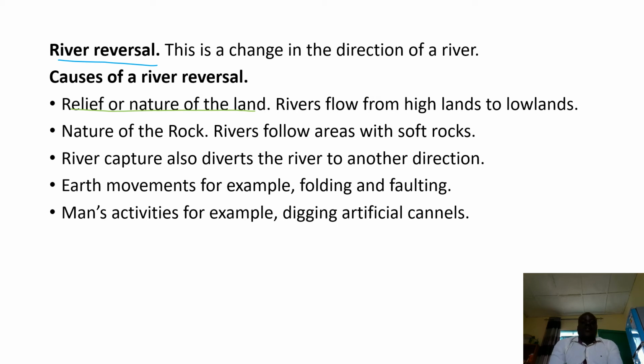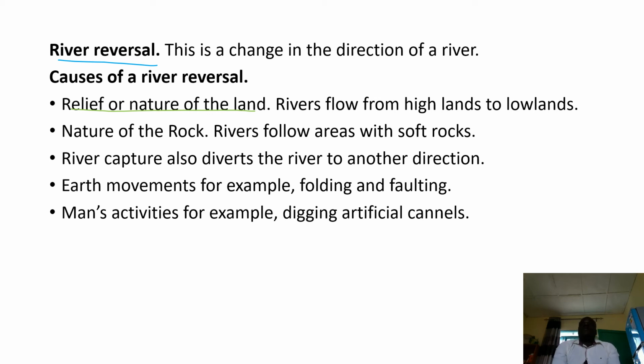Nature of the rock. Definitely, a river will enjoy eroding and digging a soft rock, and therefore it keeps on following the direction of the soft rock rather than a hard rock which is resistant to erosion. Then we have river capture.